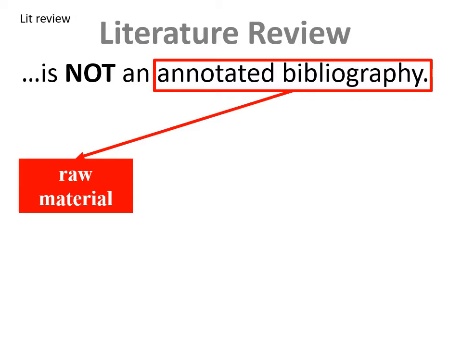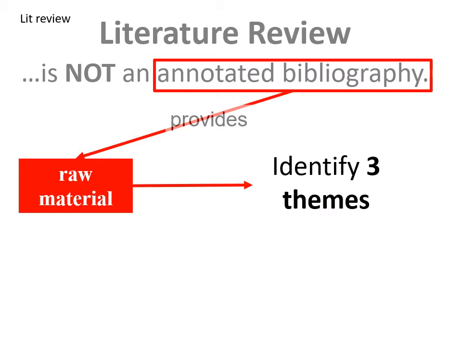And in your third paragraph, you explain the relevance of this source to your research question, or to your provisional research question, because you are allowed, if you so desire, to change your research question, perhaps to focus it more. So the annotated bibliography provides raw material.